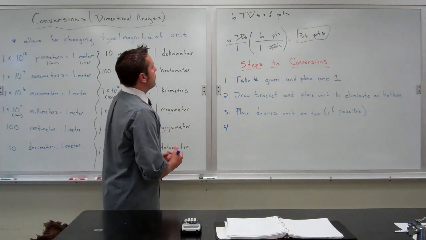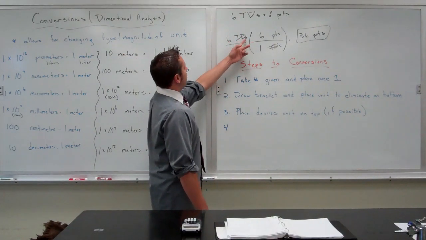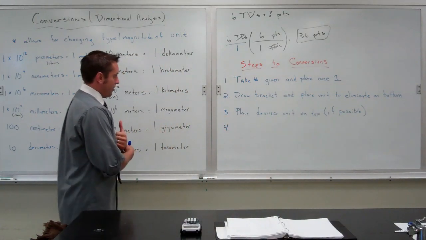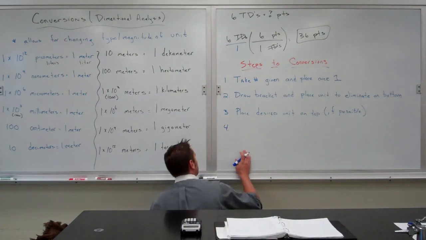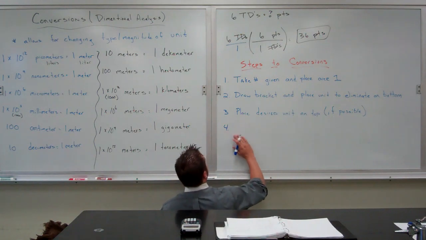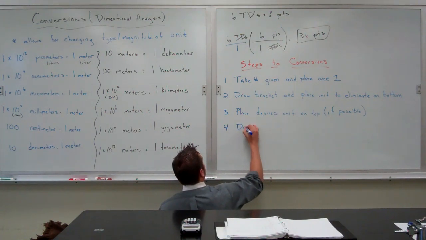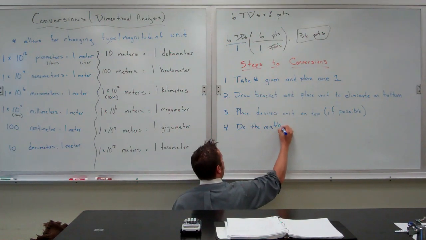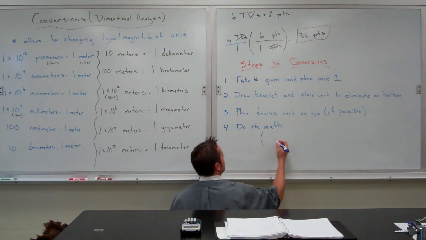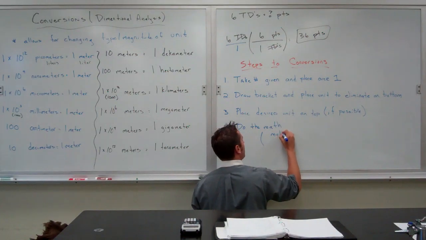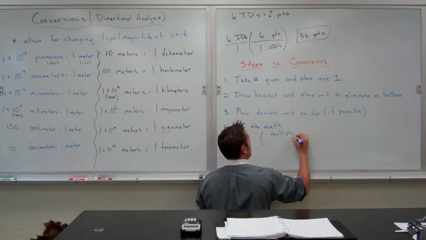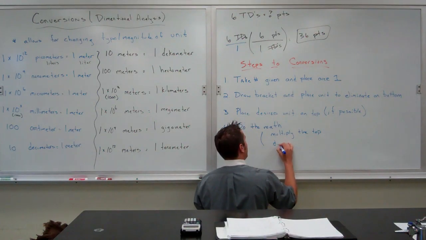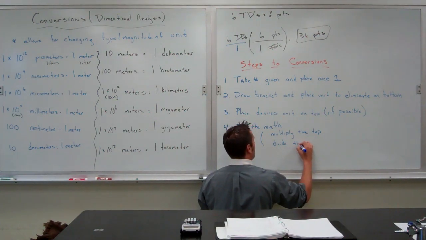Step 4 was I canceled out my units, right, and I did the math. And I call this do the math, and then I just want you to realize you multiply the top and you divide the bottom.